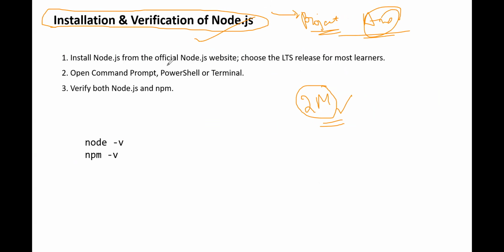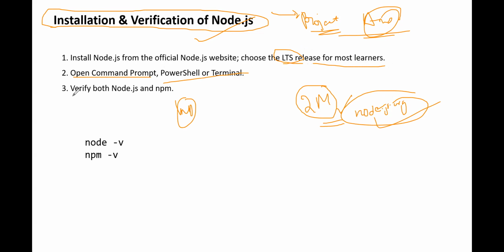Install Node.js from the official Node.js website. Choose the latest release for most learners. The website is nodejs.org. I will keep this website in the description. You can go and install from that. Open command prompt (CMD) or any terminal and verify.